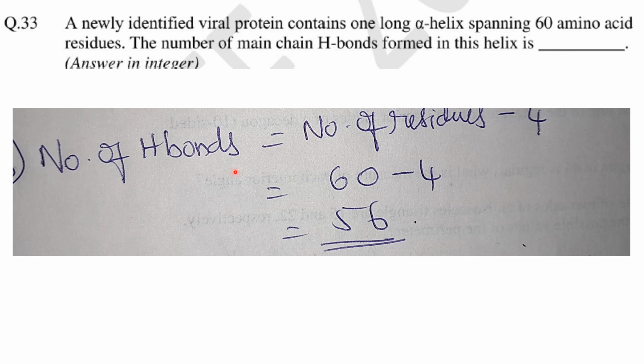So the number of hydrogen bonds is given by the number of residues minus 4, because the first 4 residues don't form hydrogen bonding, which is between i and i plus 4 in an alpha helix. So the first 4 residues don't form this i plus 4 hydrogen bonding. So number of residues minus 4, so it will be 56.